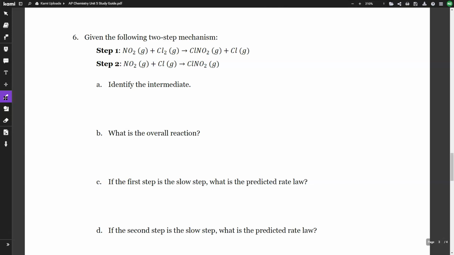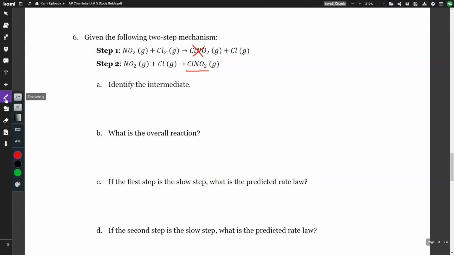So we have this reaction, and in the reaction, our product here is ClNO2. In the first step, we have ClNO2 that's produced, and then we also have chlorine that's produced. So it can't be this because that is one of our final products.